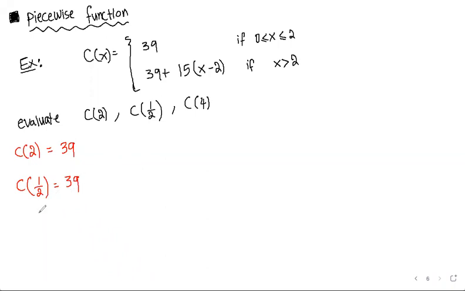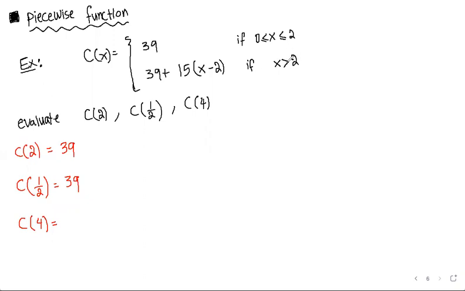What about c of 4? The value is 69. So he used the second one. Why? Because the 4 is sitting inside this domain. The 4 is greater than 2.